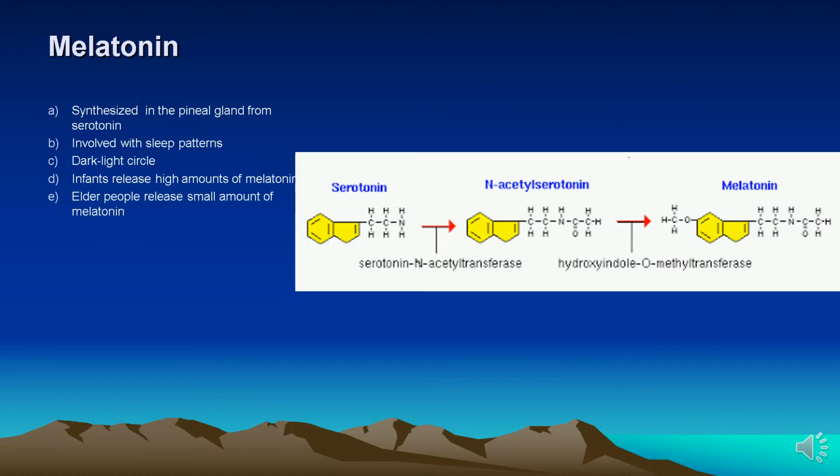As I mentioned, it is important to regulate sleep, and because of this, infants sleep a long time because they release high amounts of melatonin, while elderly people do not sleep much because they release small amounts of melatonin.